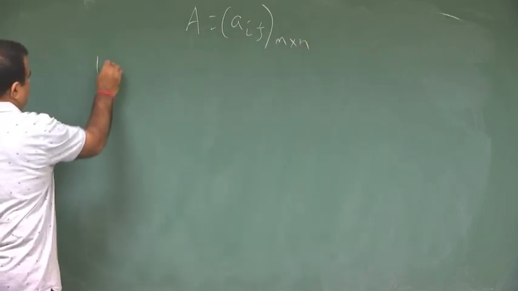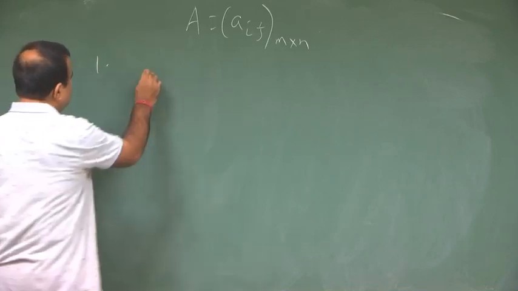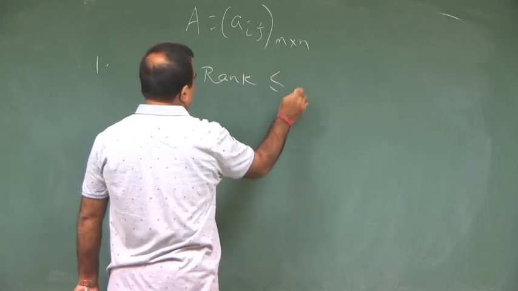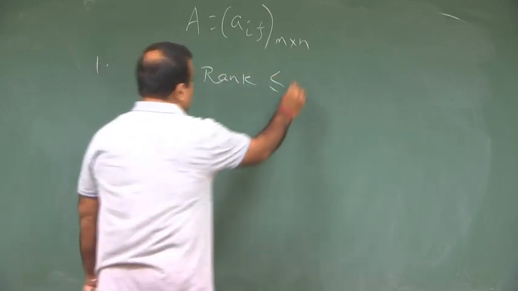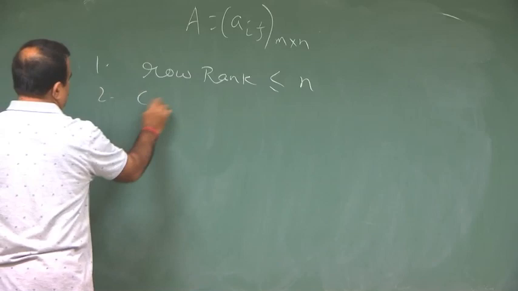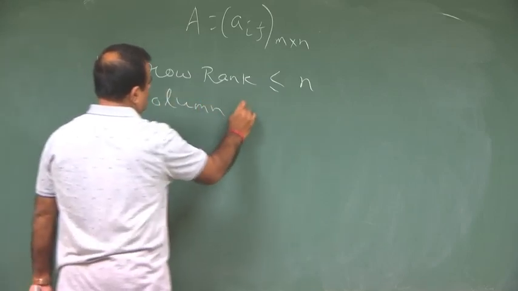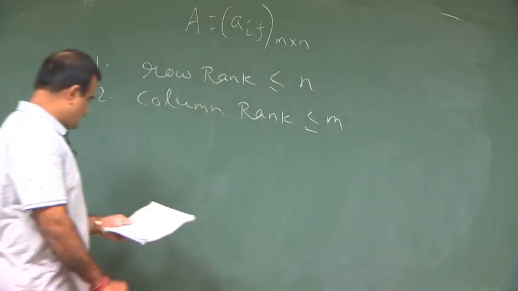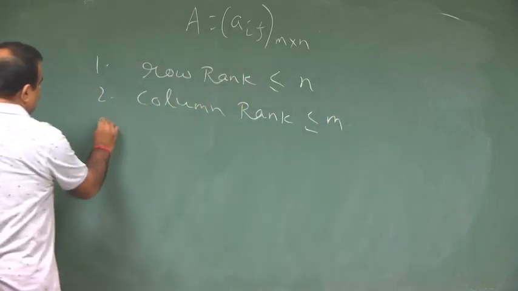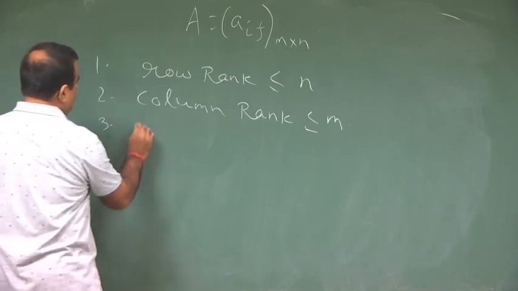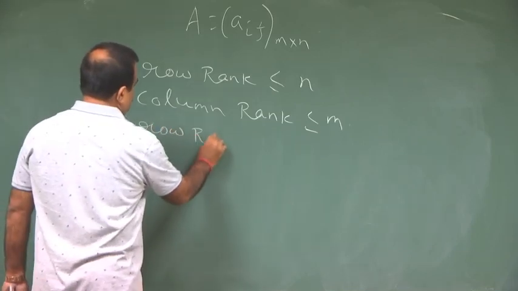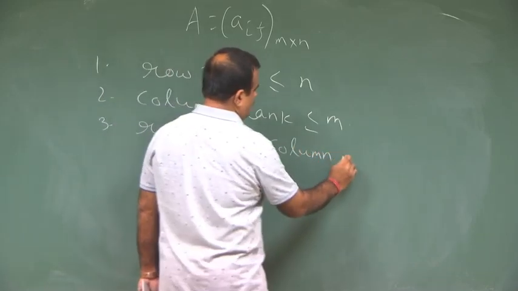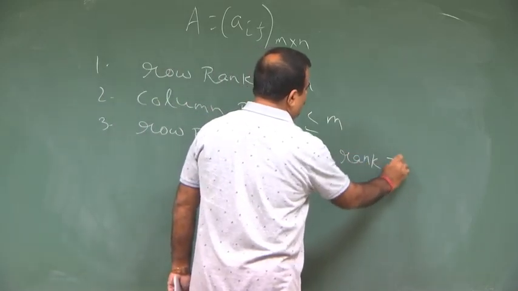Now, the first result is, row rank is less than or equal to n, column rank is less than or equal to n, this we have seen, and row rank is the same as column rank, which is the same as the rank of the matrix.